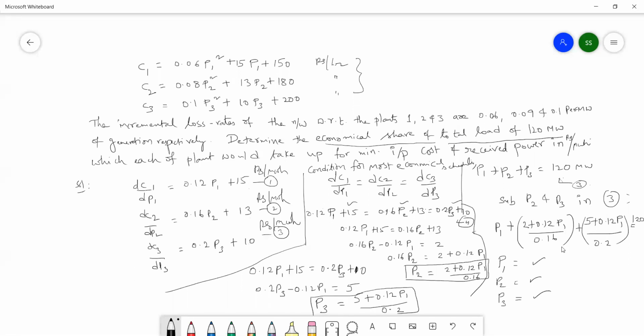If you calculate P1, that should be enough. Easily you can calculate P2 and P3.